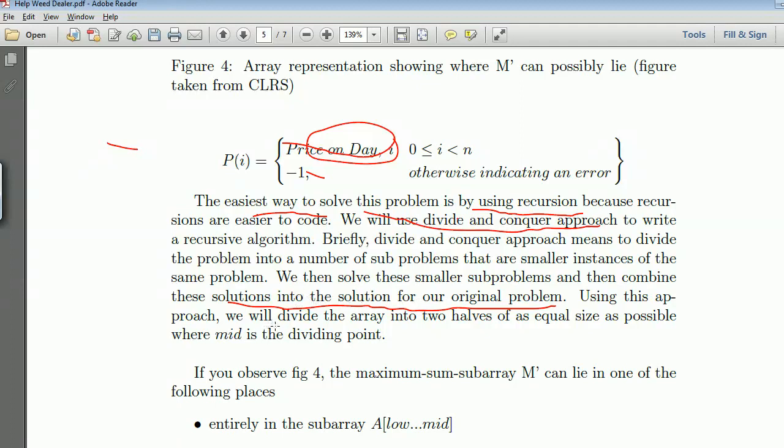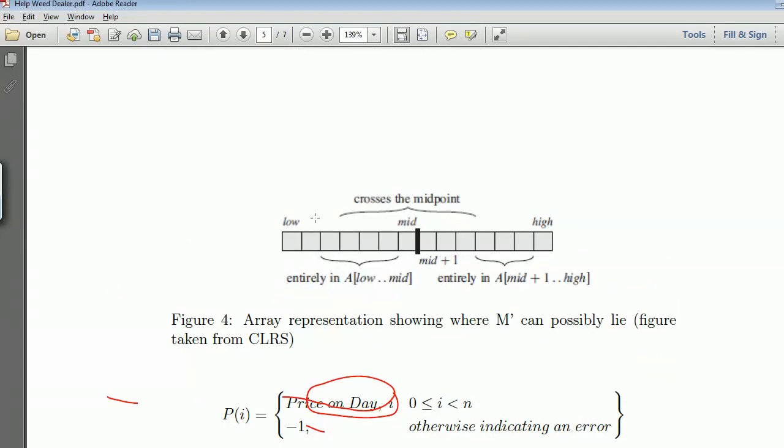So using this approach, we will divide the array into two halves of as equal size as possible in this way. We will divide it here and call this mid. Now if you carefully observe, what are we looking for? We are looking for a contiguous subarray with maximum sum.